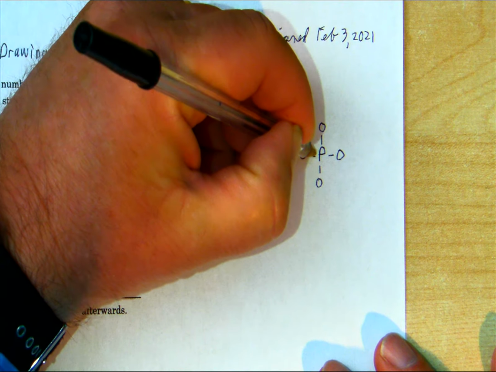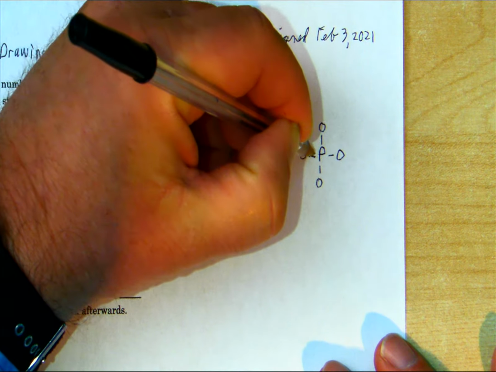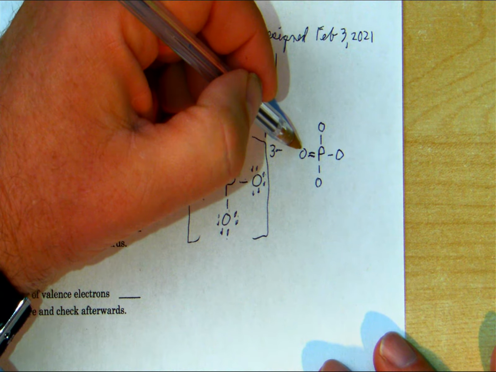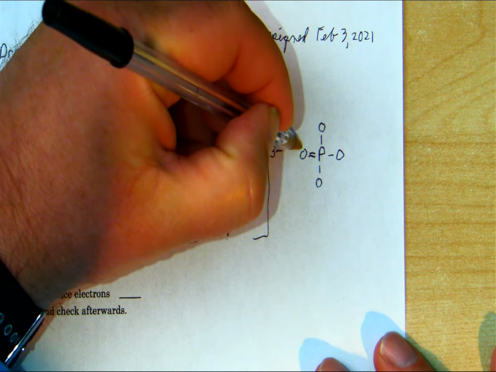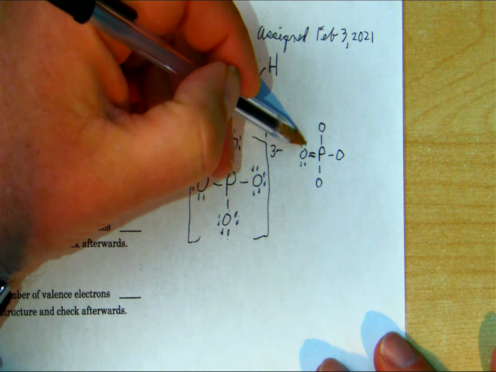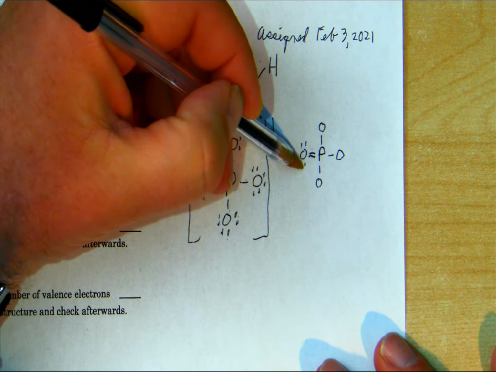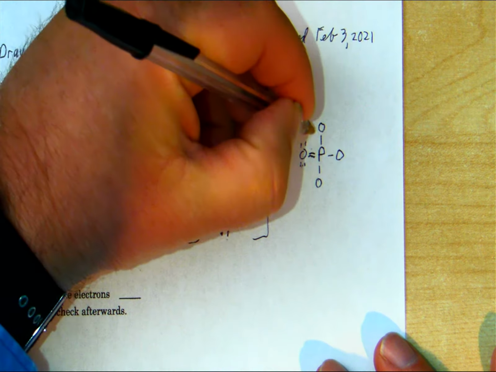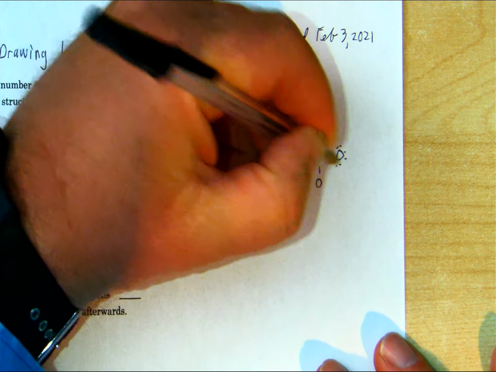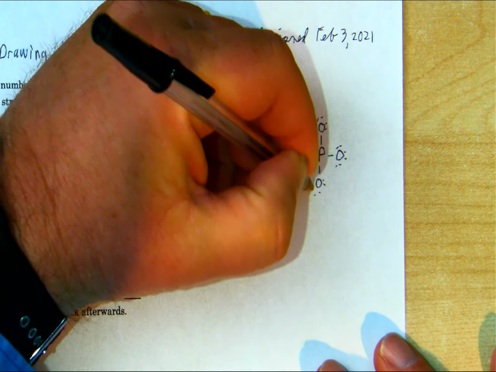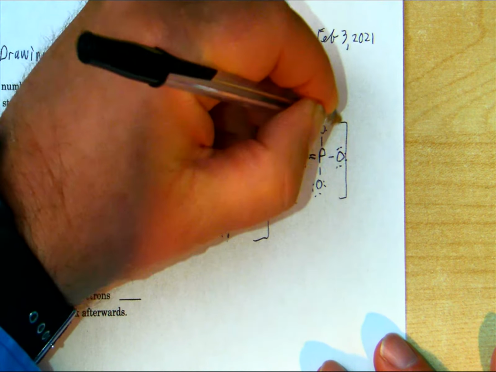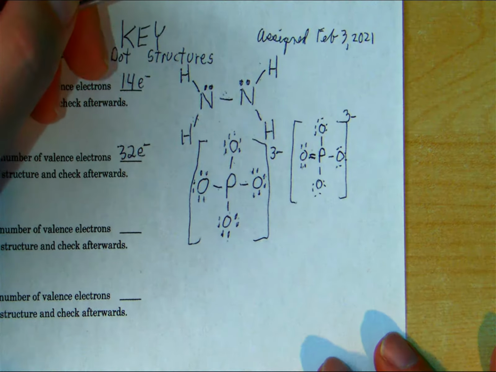However, one of these oxygens has a double bond instead of a single bond. That particular oxygen has 2 fewer dots, so it still adds up to 8 for this. 2, 4, 6, 8. The other oxygens still have 6 dots around them. This structure still has a 3 negative charge, so it goes inside of brackets.